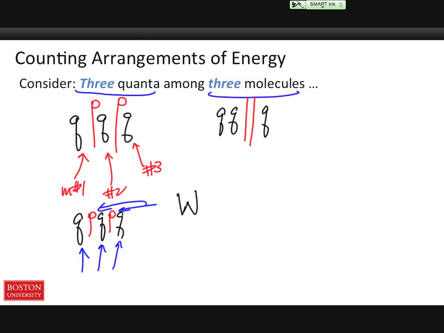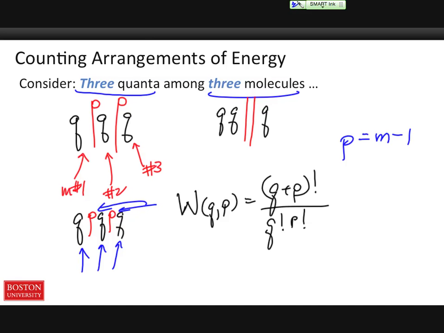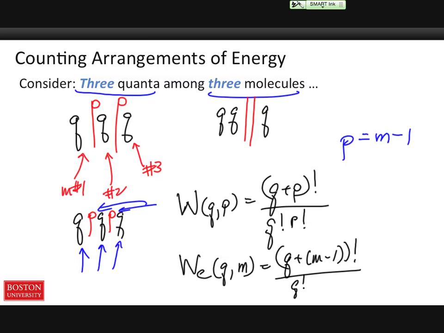So if I were to try to arrange these, the ways of Q and P would be Q plus P factorial over Q factorial, P factorial, like we saw in the previous one. Now P here refers to the number of partitions, which is the number of molecules minus 1. So I could rewrite this as the ways of computing energies for Q quanta and M molecules as Q plus the number of molecules minus 1, quantity factorial, over Q factorial times M minus 1 factorial.